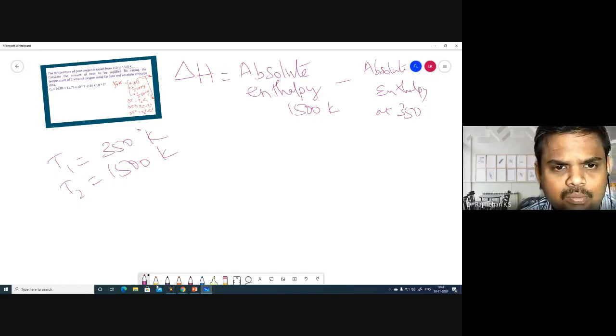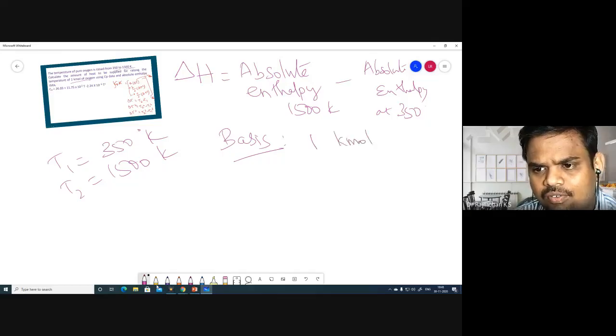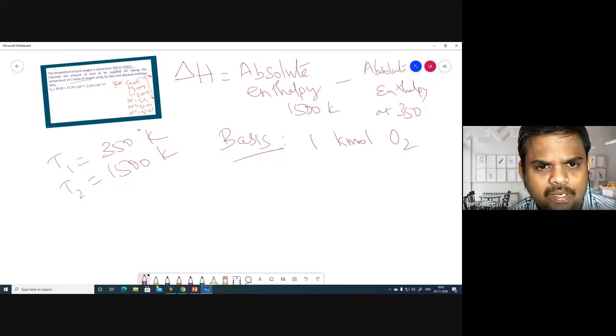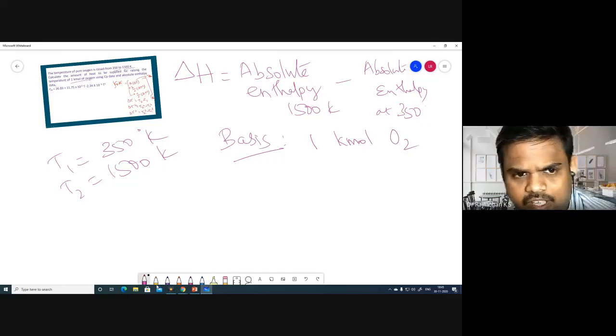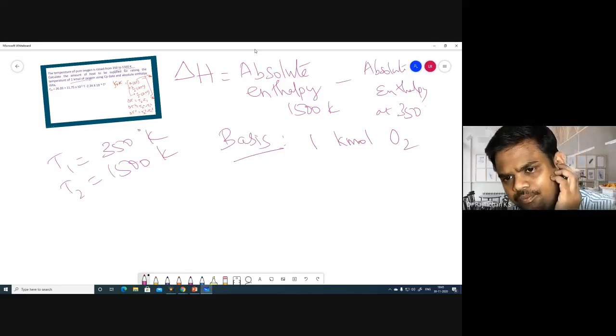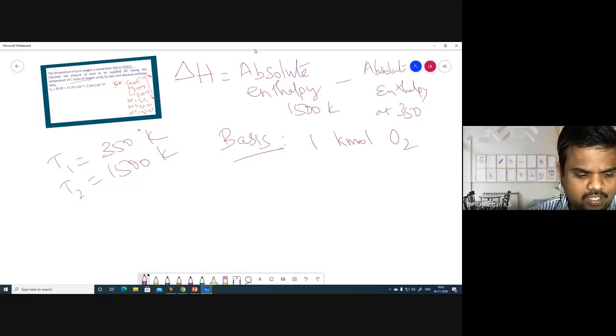Calculate the amount of heat to be supplied for raising the temperature of 1 kilomole of oxygen. So what is our basis? 1 kilomole of oxygen is our basis, using the Cp data and absolute enthalpy data. So delta H is equal to what?